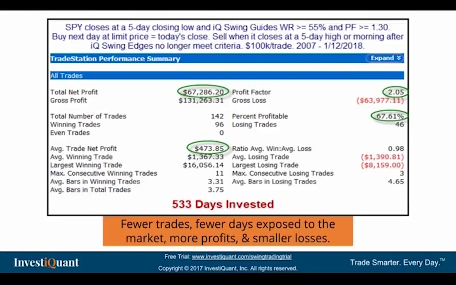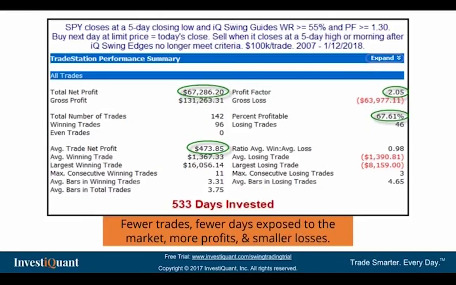We're not necessarily waiting for the 5-day high. If we get some other signal, if seasonality turns bad or momentum turns bad or whatever it is, and it turns bad enough that we're no longer showing an average win rate of 55% or an average profit factor of 1.3, we're out.